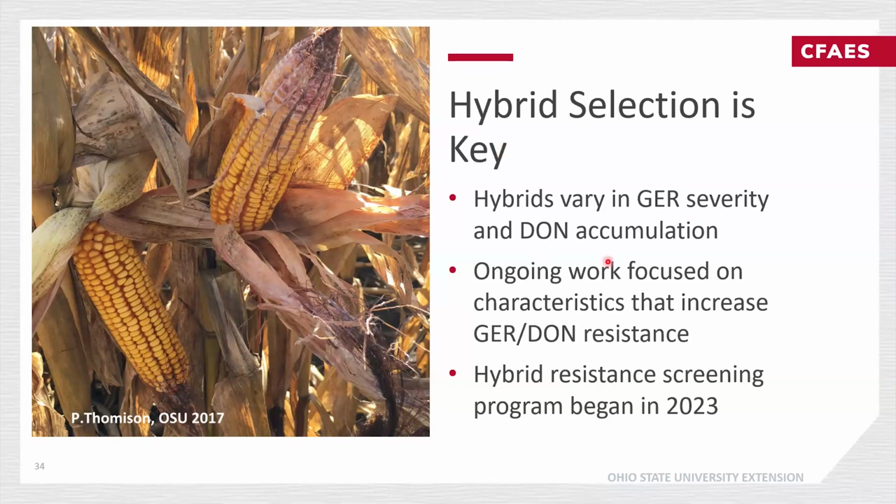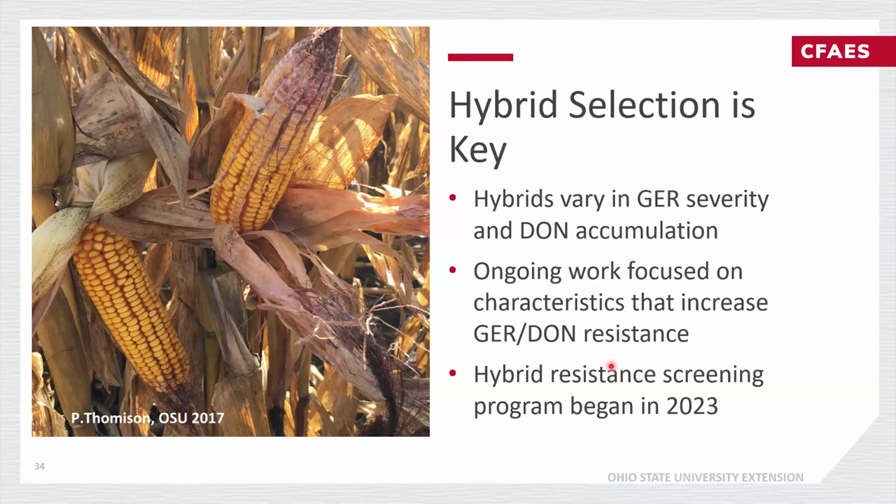To provide better information to growers in terms of how hybrids perform for Gibberella ear rot severity and vomitoxin accumulation, we started in 2023 a resistance screening program. So how this works is seed companies can submit their hybrids that are commercially available to Ohio growers.